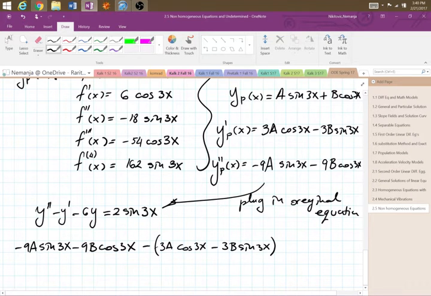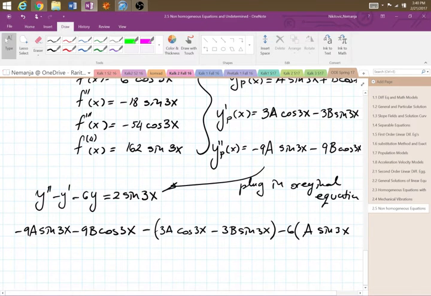Then we have minus 6 times vanilla y, which is a sine 3x plus b cosine 3x, and all of that is equal to 2 sine 3x.